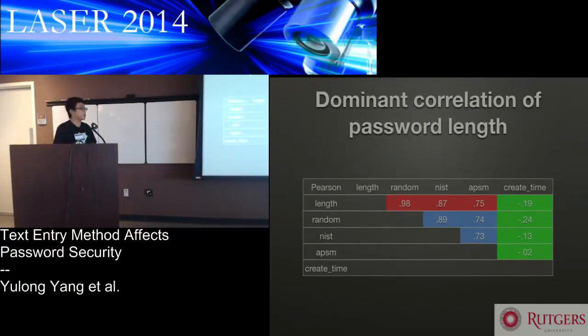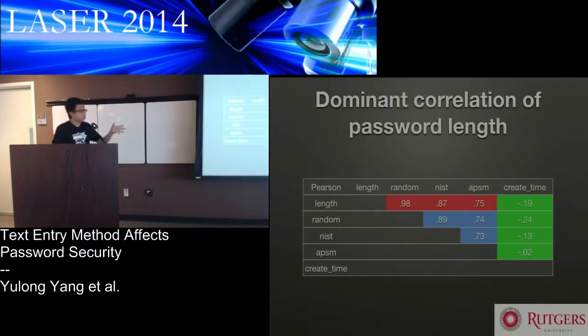We also correlated the three metrics with other features of passwords, such as the create time, which is the time participants used to create each password, and they didn't share a high correlation with the security metrics.